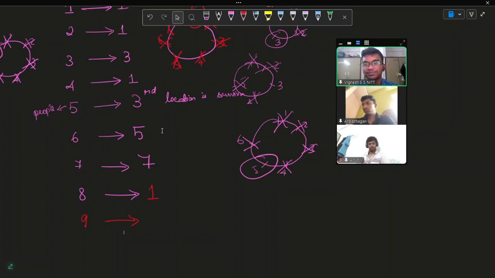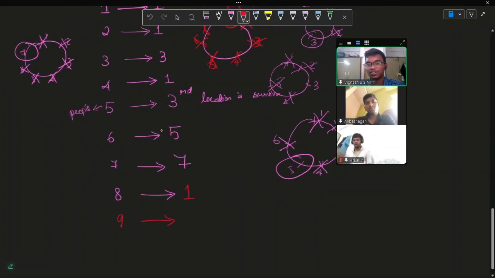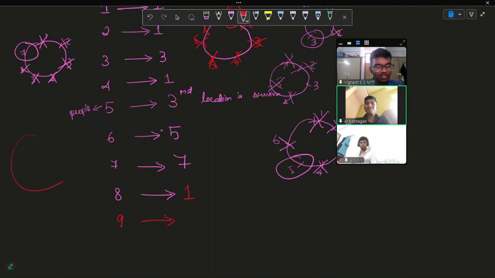Okay, the best way should be to draw. Three is the correct answer. But I think it was found by drawing, right? Not by logic. Anand, you should find it by logic. Only then will we stop the data points. If you're just drawing it, we will find a logic and then only we can stop.